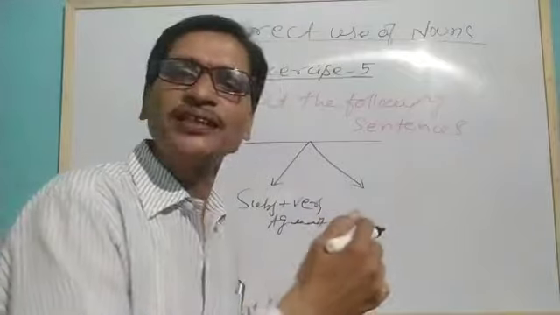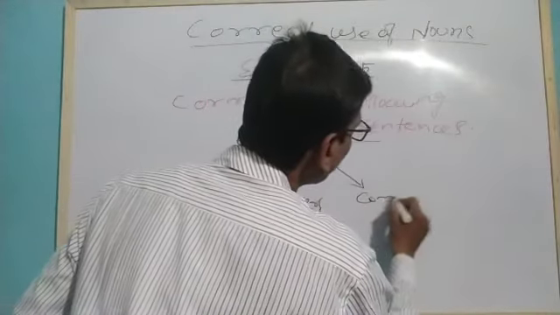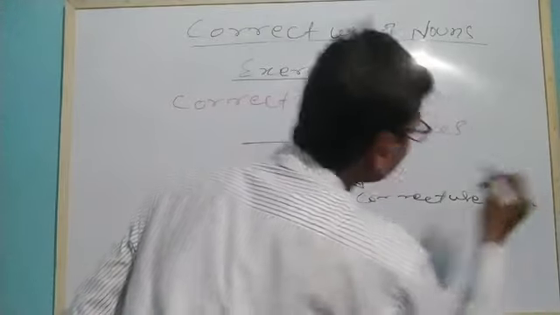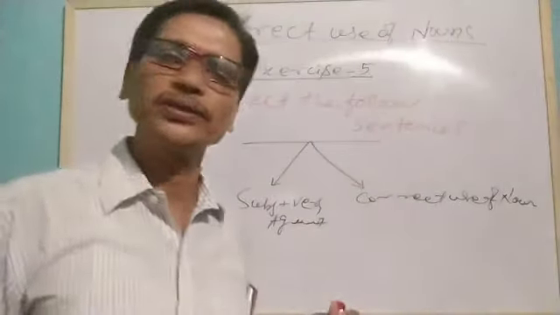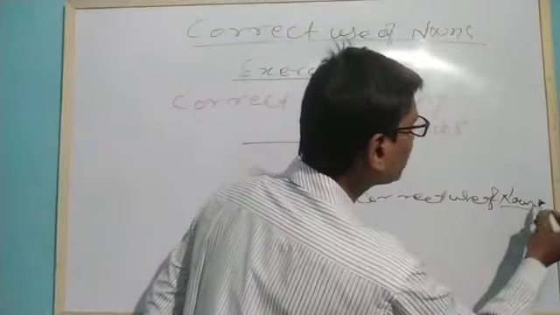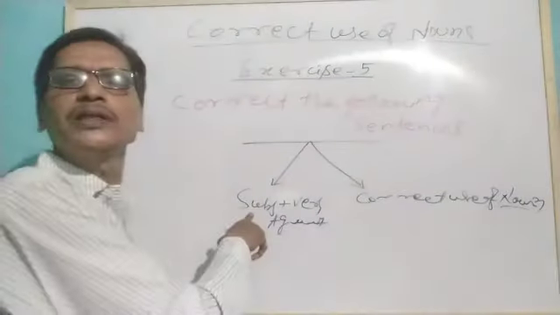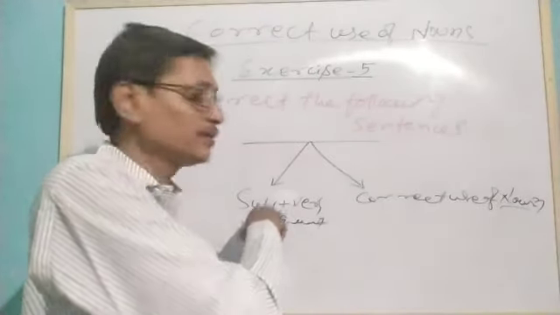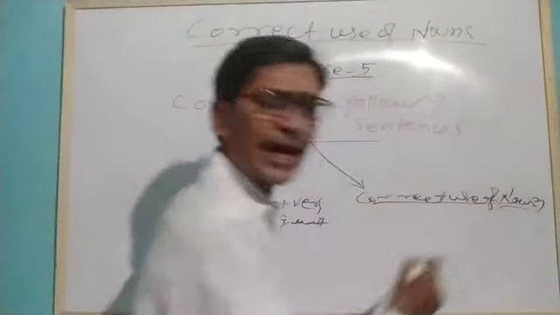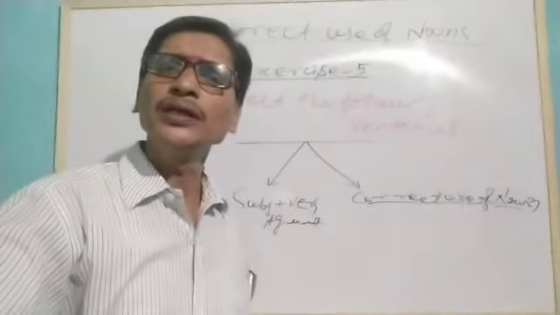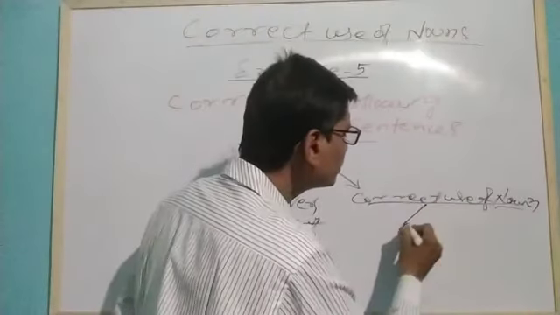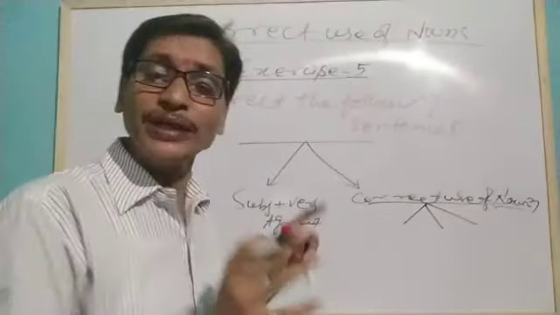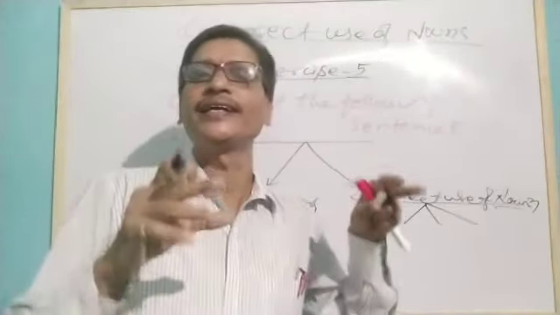And another is the correct use of nouns. When we talk about nouns, we understood that nouns have been used in three ways. Yes or no? I am just trying to recall your idea.